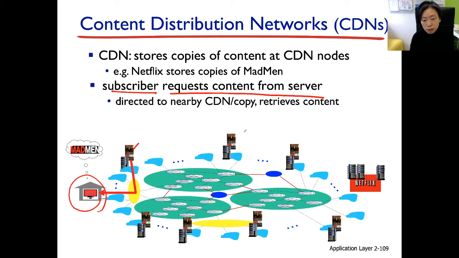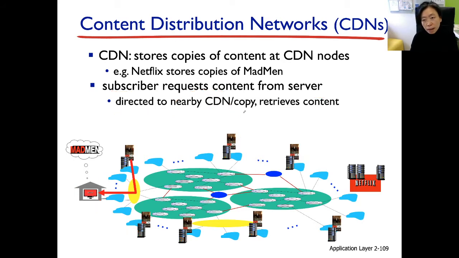So all 7 of them will be reported to the client, the subscriber, and the subscriber then will pick one of them, redirected to the nearby CDN to retrieve the content.